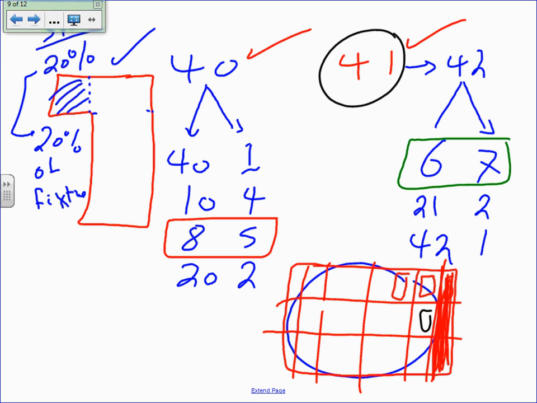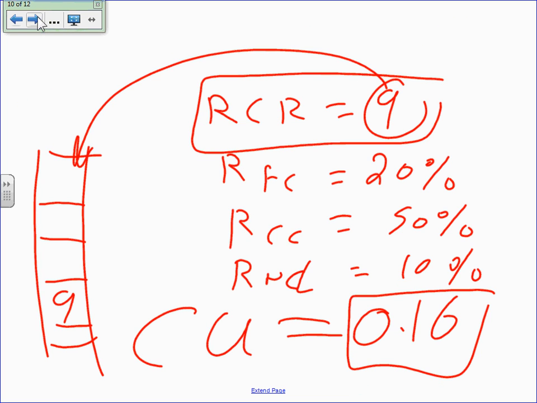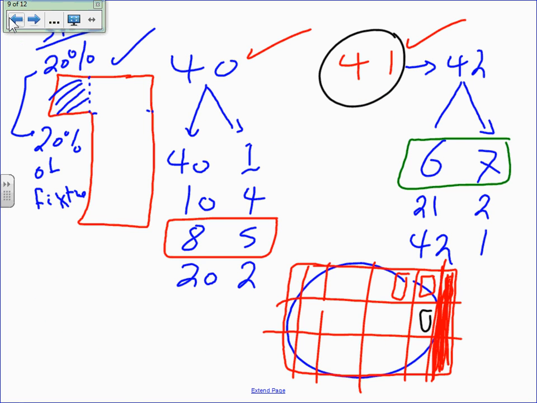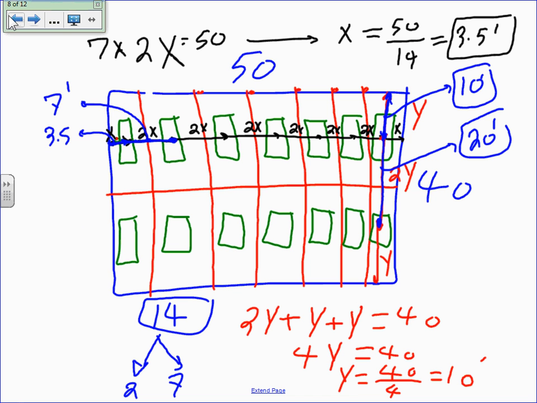Any question, guys, about using this method to calculate? So get that. That's all I have. Any question?